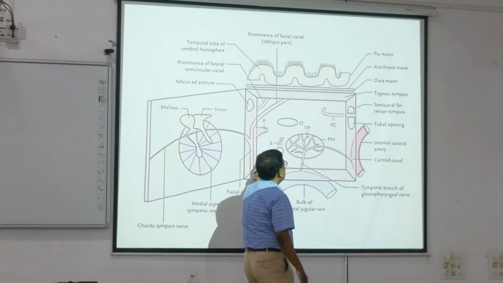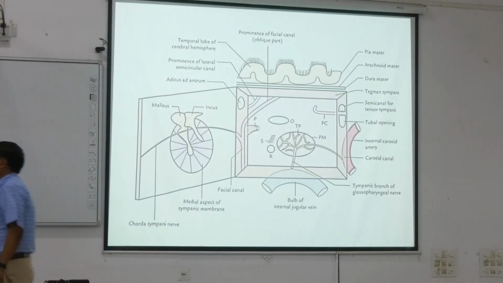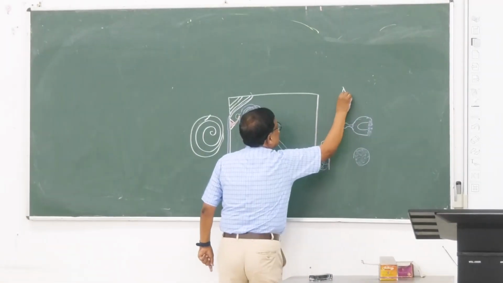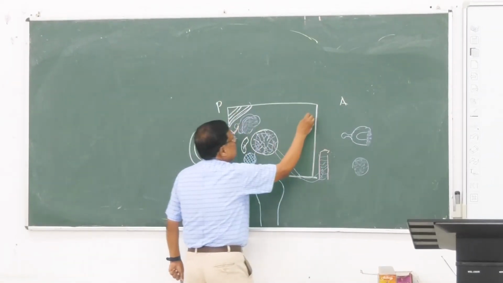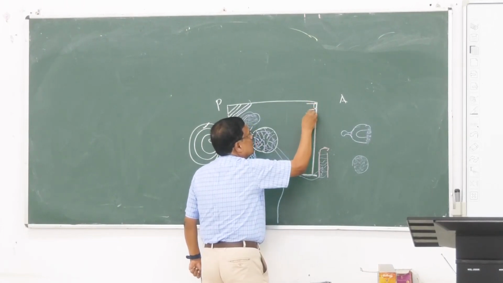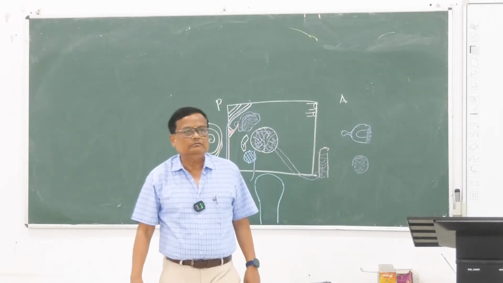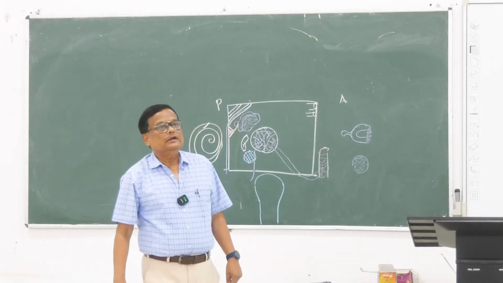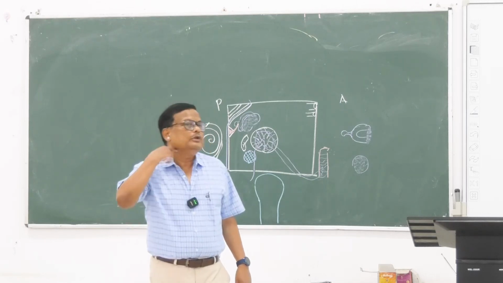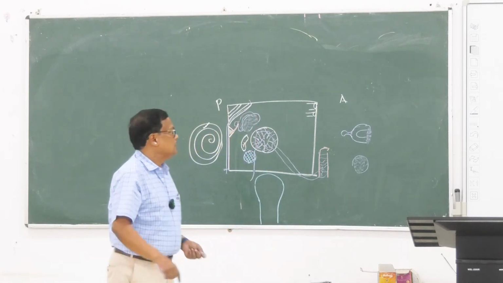Another thing I have already told you is that in the anterior wall there are two canals. The upper canal is for the tensor tympani, and the lower canal is the eustachian tube or auditory tube, which connects the middle ear with the nasopharynx to maintain equilibrium pressure.